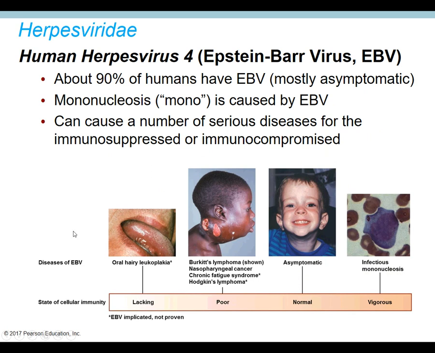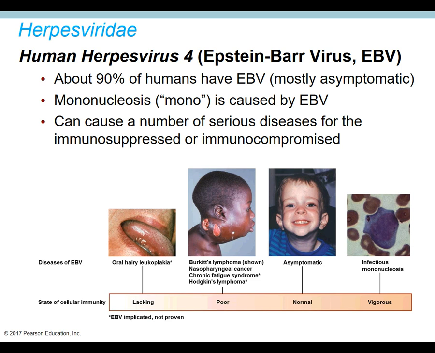HHV4 is Epstein-Barr. And if you look at this, 90% of humans have an asymptomatic infection of Epstein-Barr. Mono is caused by Epstein-Barr, so what we call mono. However, a lot of people have Epstein-Barr and never get mono, so there's a lot of asymptomatic cases.